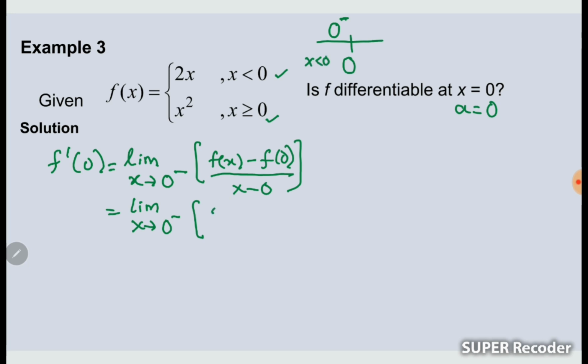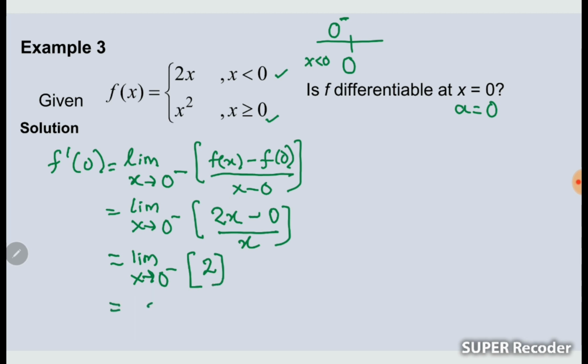The function is 2x minus f(0), and substituting 0 into 2x gives 0, over x. Then simplify: the limit when x approaches 0 from the left, x over x cancels out, so we get 2. So the answer is 2.